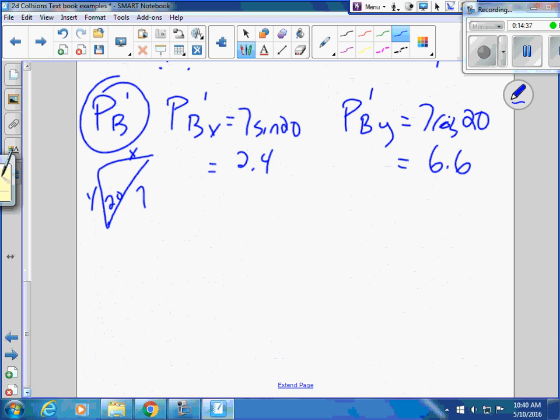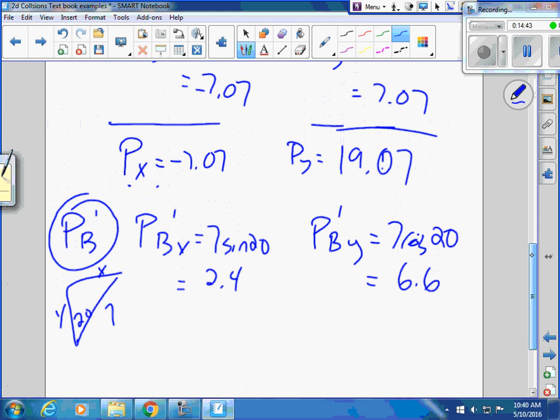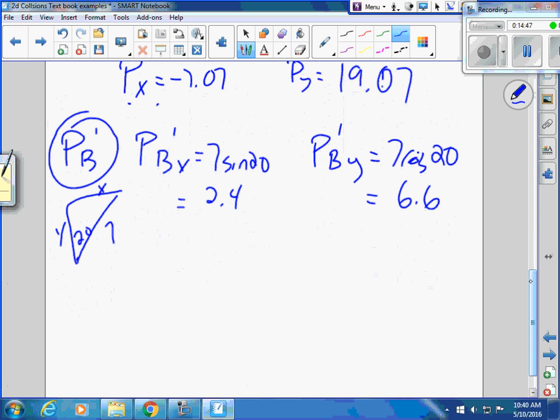Oh, I wish this thing was over here. I hate that it's over there. Okay. So I'm going to take this minus 7.07 and I'm going to subtract the 2.4, right? And that is my PA prime X. It is going to be minus 7.07 subtract 2.4. Do you know why it's vector subtraction?